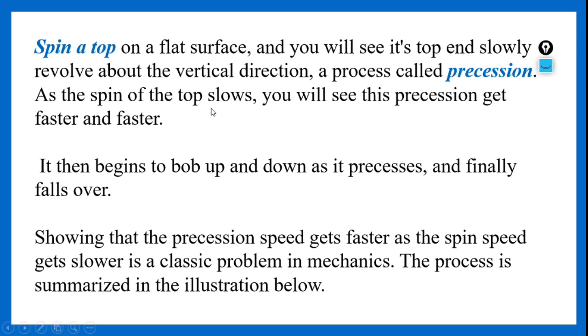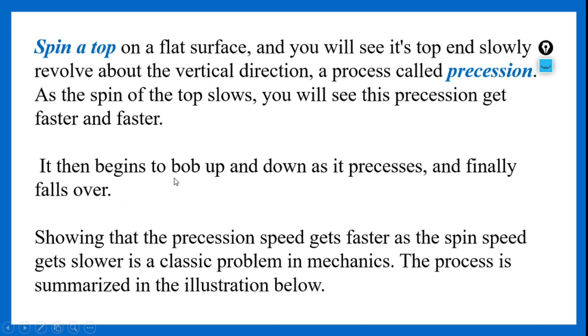As the spin of the top slows, you will see that this precession gets faster and faster. It then begins to bob up and down as it precesses and finally falls over.